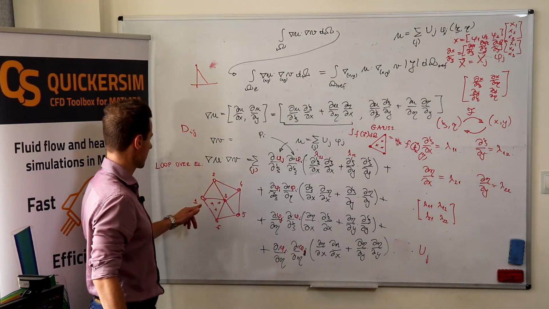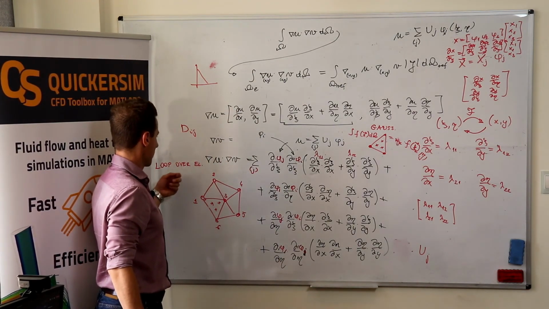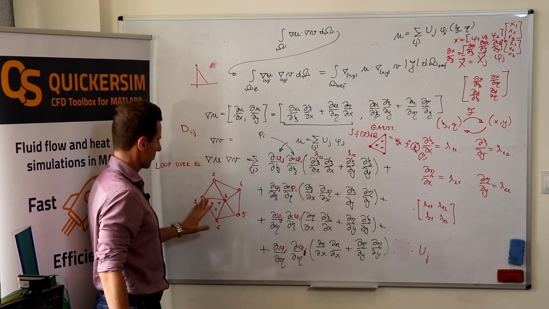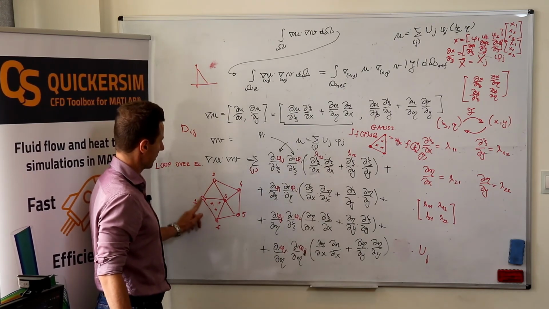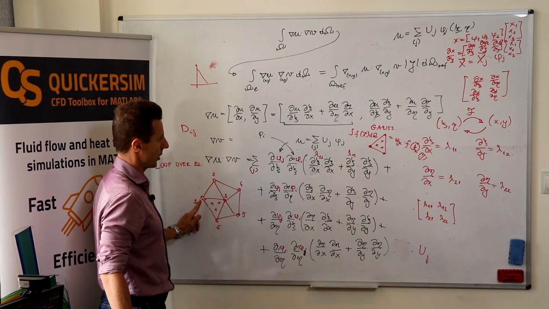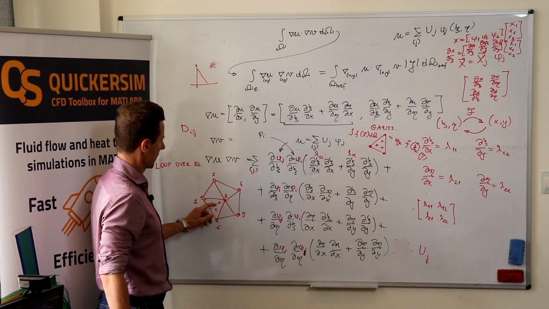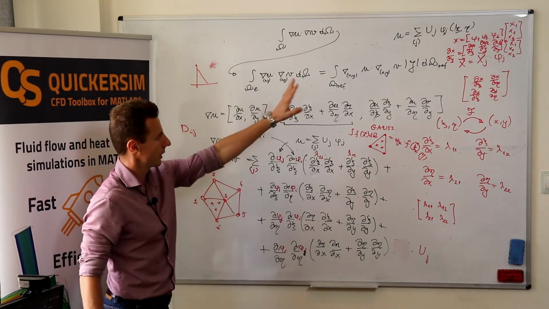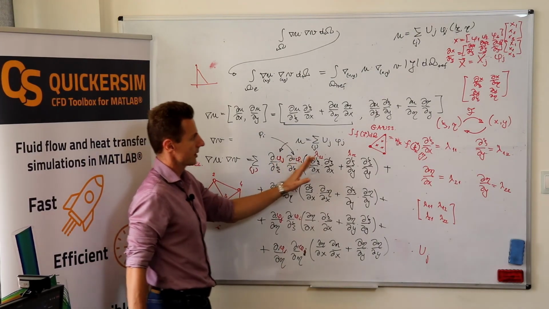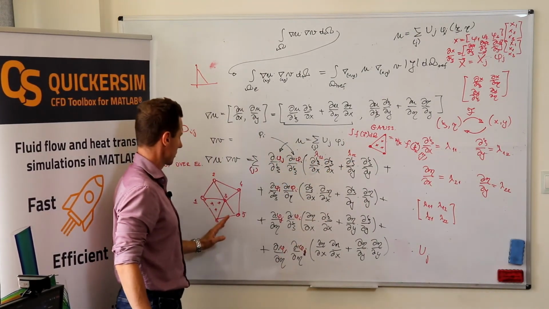Okay, let's finish that. So you loop over elements. Once you've chosen a particular element, you know what the local nodes are. You can calculate everything that is under the Gaussian integration.